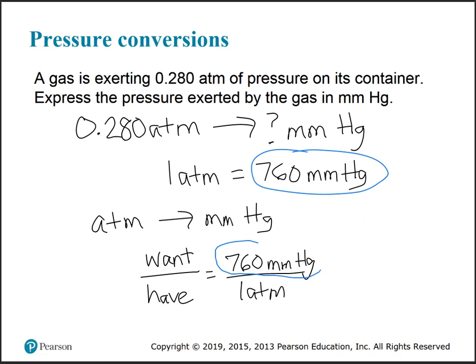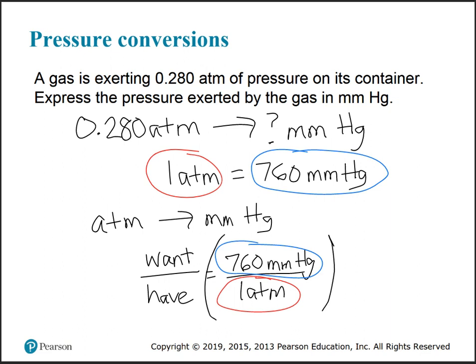So that's where that came from. And then the one atmosphere. So hopefully that illustrates it a little bit better for you. So now all we have to do is the math. We take this factor and we multiply by 0.280 atmospheres. Atmospheres cancel.